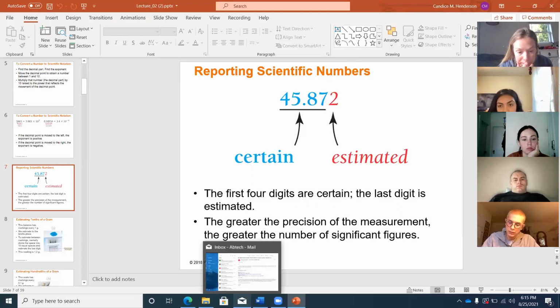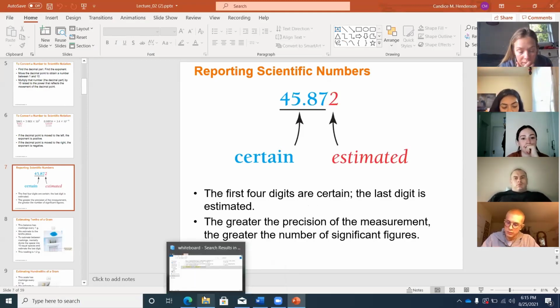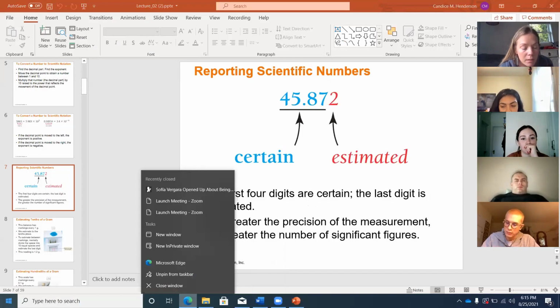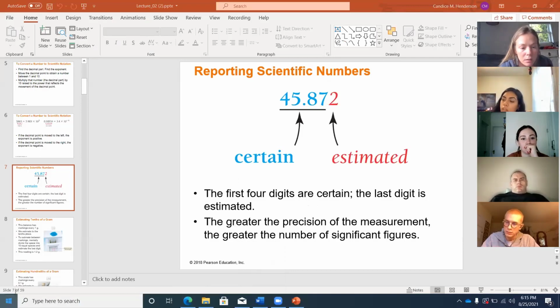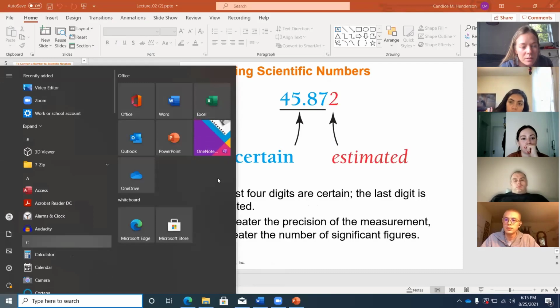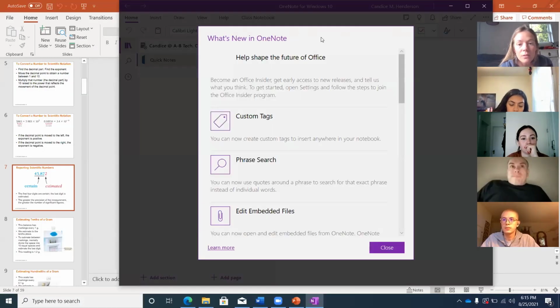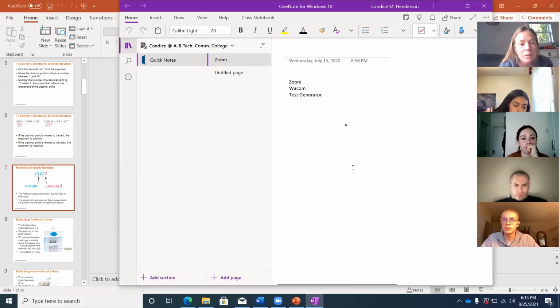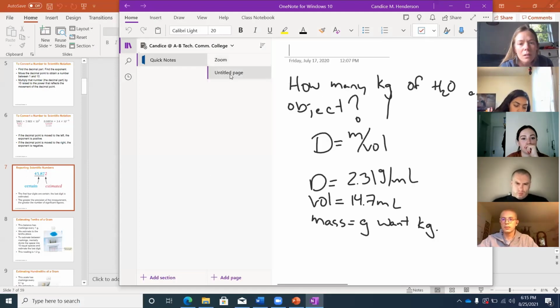I'm super angry that I don't have my whiteboard. What other app can I use? I can use Notes.